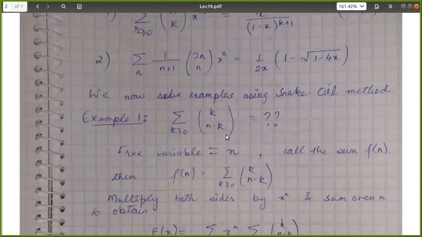In k. So k choose n minus k is what? k factorial over n minus k factorial and n factorial.